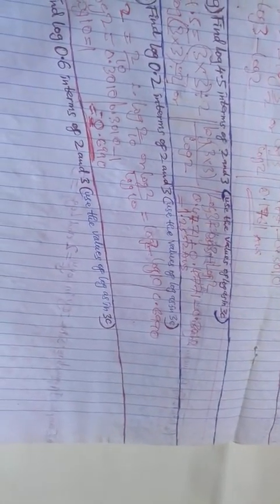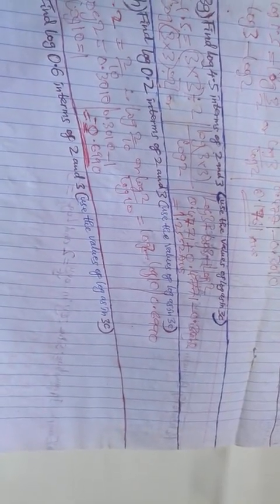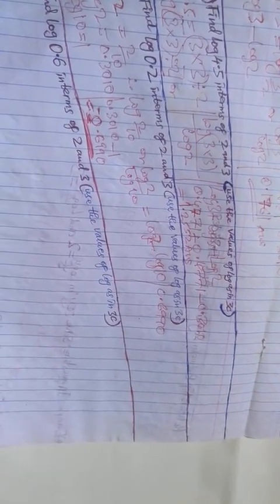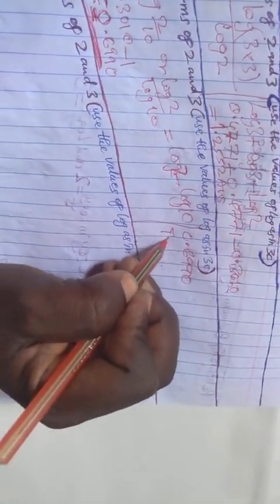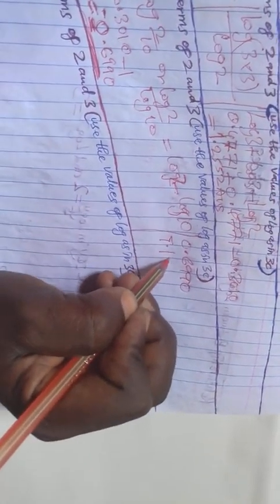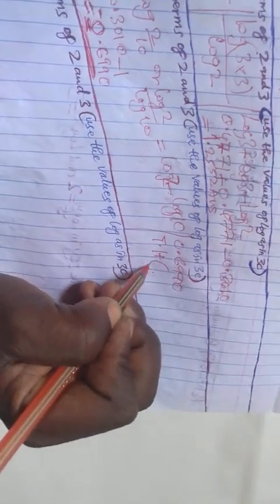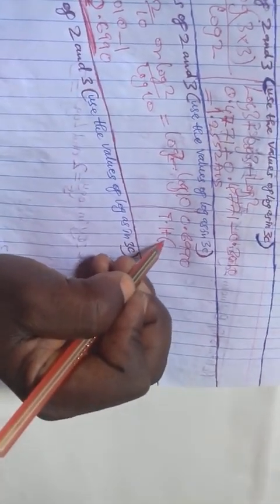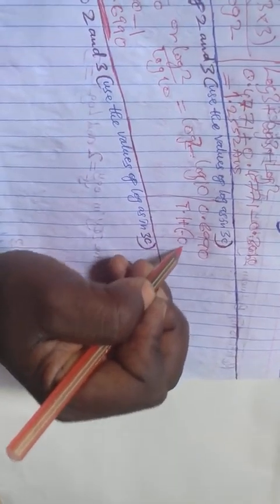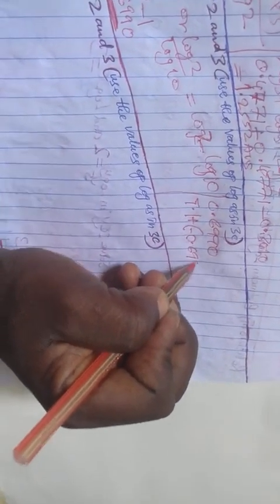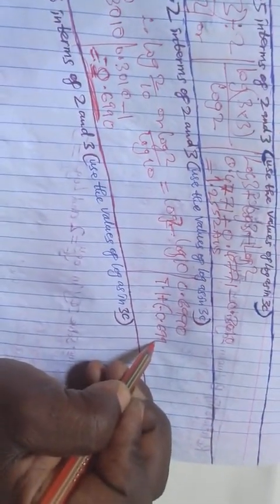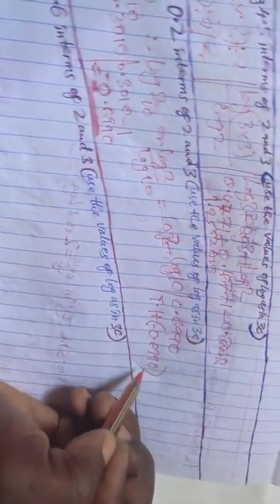In short, when you come across this situation, you write bar 1 point, then 1 plus brackets the value gotten. For example, we write bar 1 point, 1 plus brackets negative 0.699 in brackets.